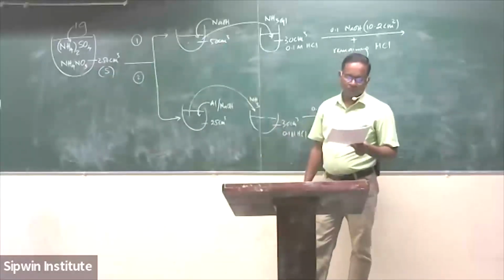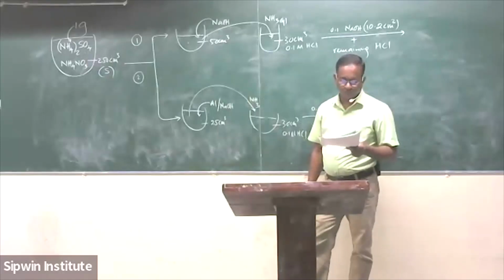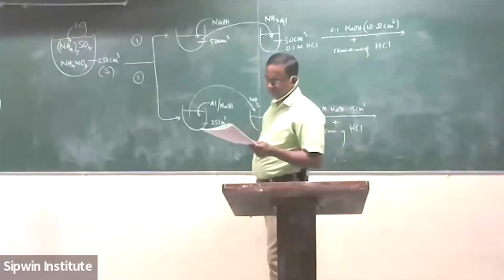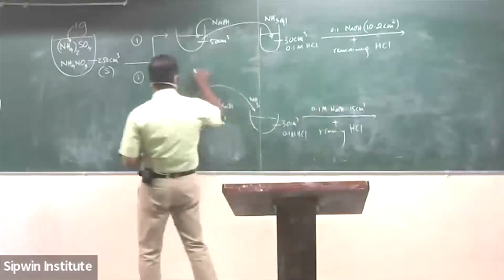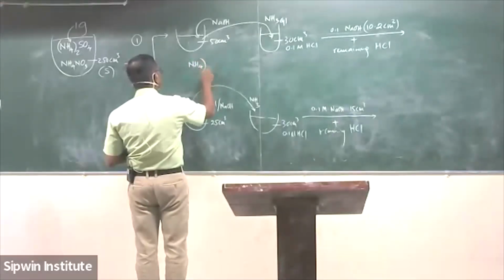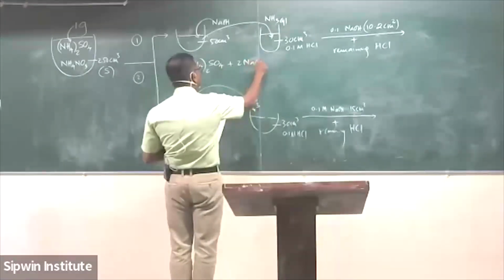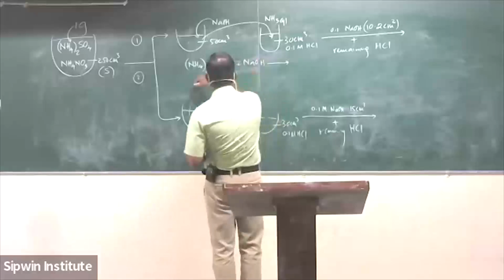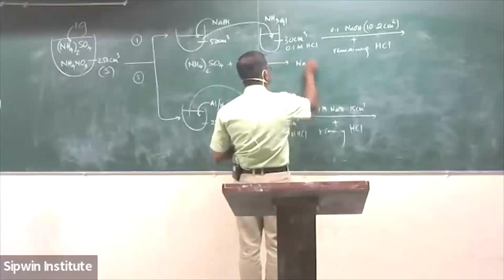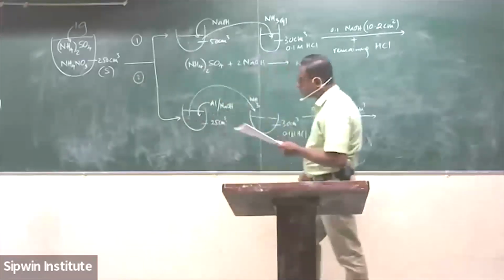Ammonium sulfate plus 2 sodium hydroxide gives sodium sulfate, 2 ammonia, and 2 H2O. Clear?